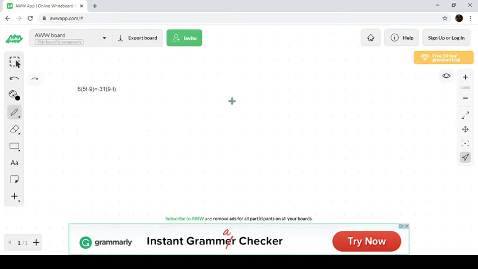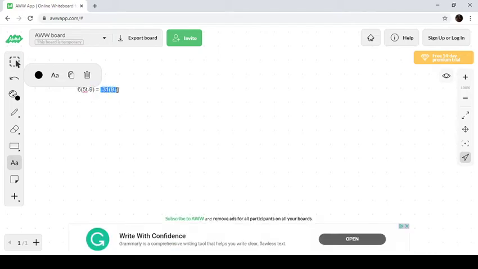So if you look, this equation is actually made up of two parts. Let me separate them real quick for us. So we have this part right here and this part right here. Both of these are expressions. So 6 times 5t minus 9 is just its own expression. In the same way, negative 31 times 9 minus t is another expression.